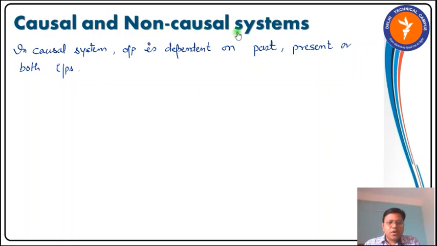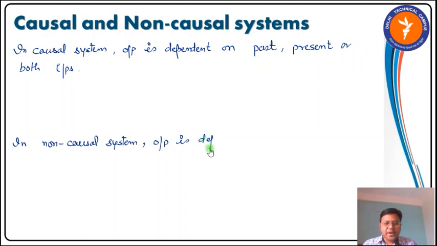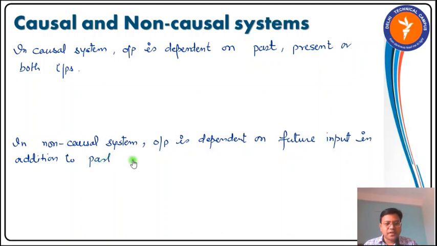In a non-causal system, it is obvious that the output is dependent on future values, future inputs, in addition to past and present inputs.